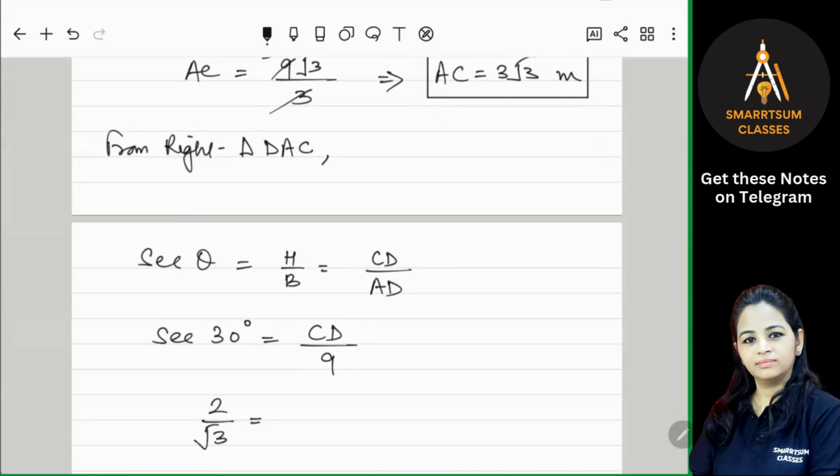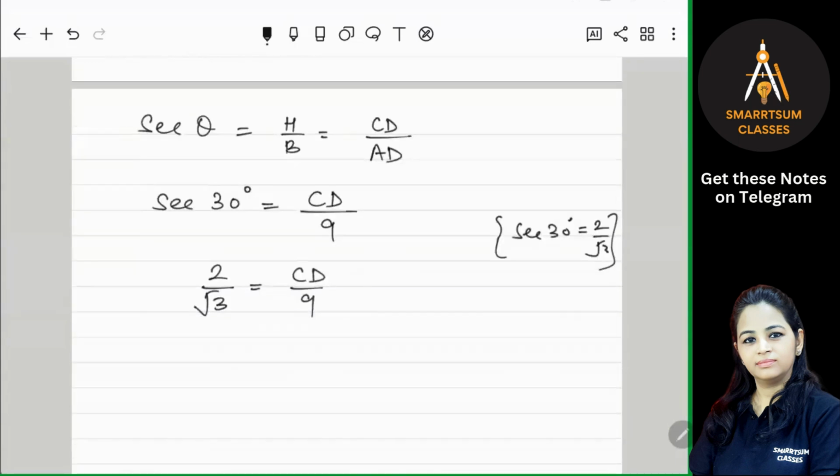So these trigonometric ratios we should know. Sec 30 degrees is 2 by root 3. So we have put the value here: CD upon 9. Now from here we can write CD is equal to 9 into 2 upon root 3, that is 18 upon root 3.